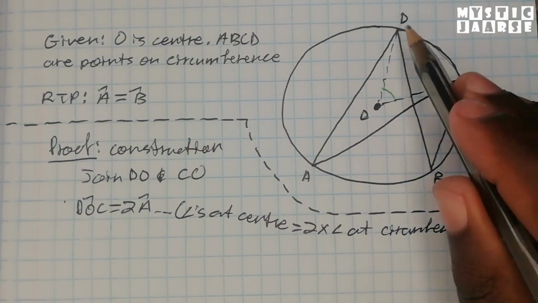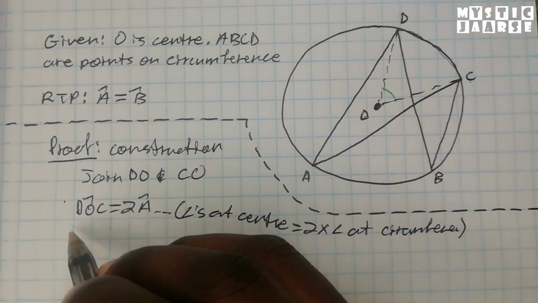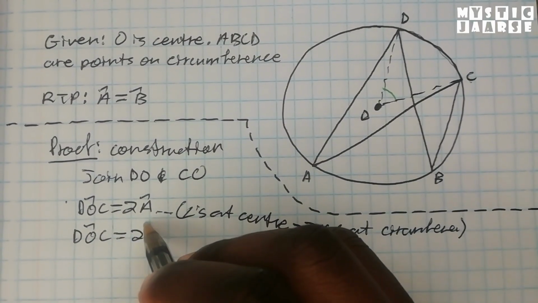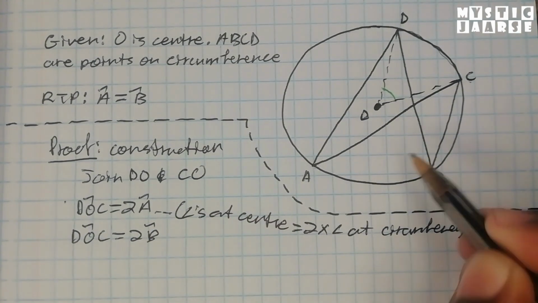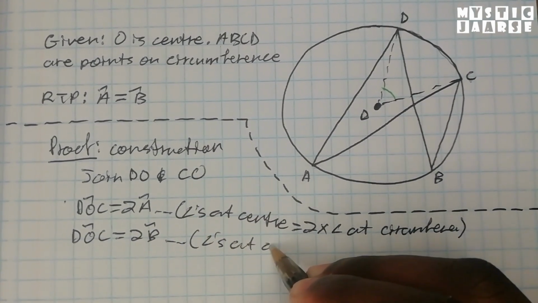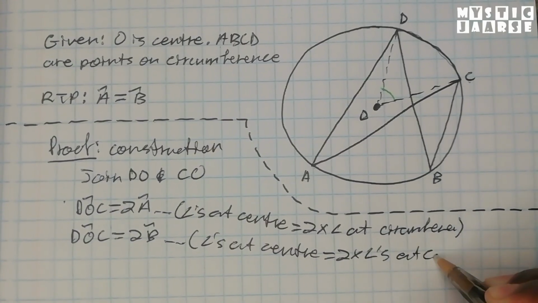Now again, arc DC subtends angle B, and angle B is at the circumference. So we say angle DOC is twice angle B. Why? Same reason. Angles at the center are twice the angles at the circumference.